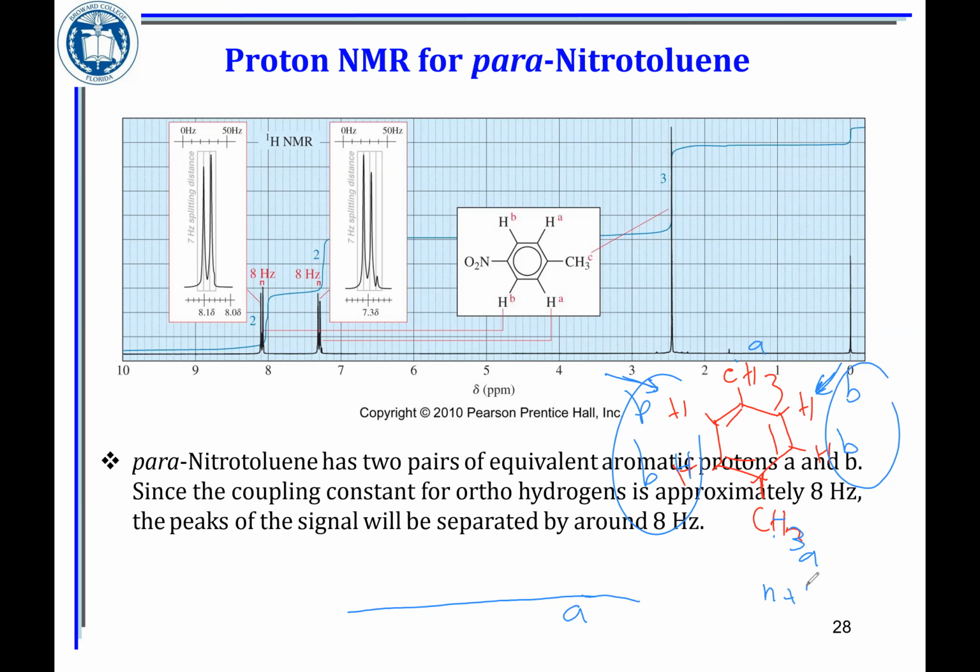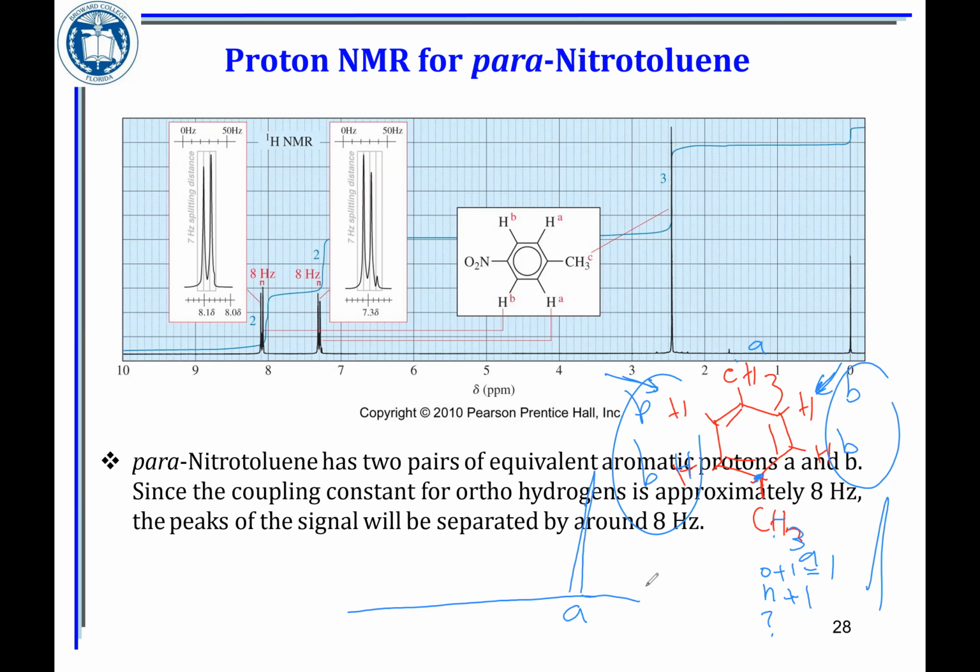We are looking for N plus 1. What's the value for N? N means number of hydrogen on adjacent carbon, right? How many hydrogens do we have on this adjacent carbon? 0. Okay. 0 hydrogen. So the value for N is going to be 0 plus 1 is going to be 1, and that is a singlet. Do you follow me? So for hydrogen A, we are going to get a singlet.